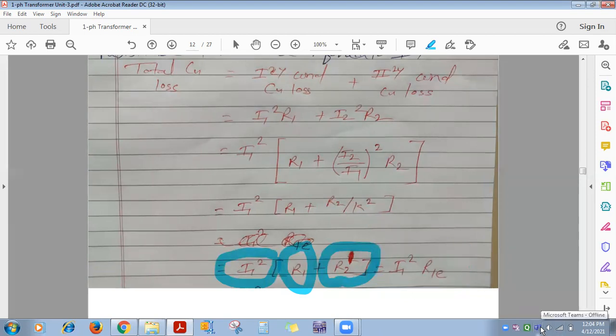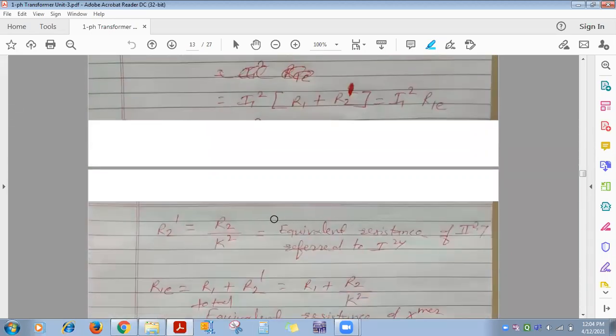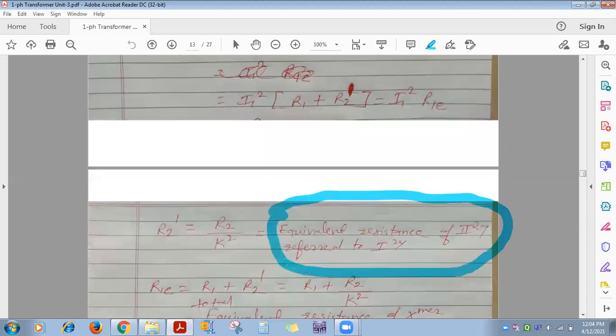Conclusion: what do you have to keep in mind here? If you get asked to calculate R2 dash, R2 dash is called the equivalent resistance of secondary referred to primary. In an MCQ exam the question can be: what will be the equivalent resistance of secondary referred to primary?